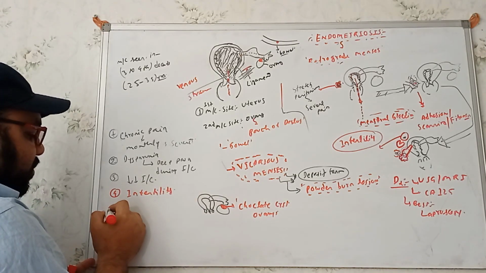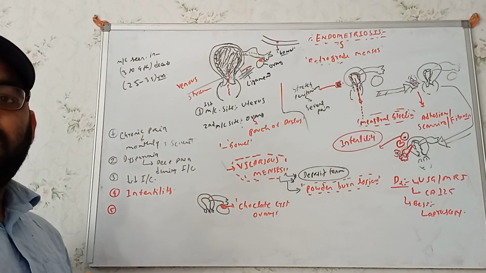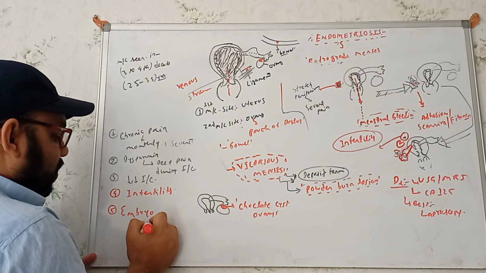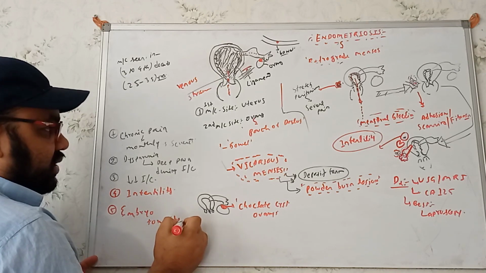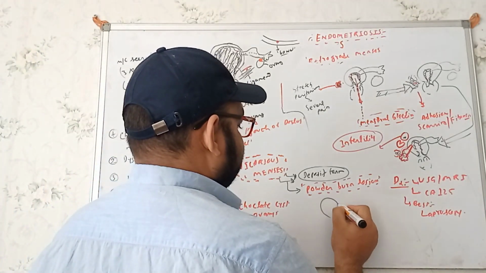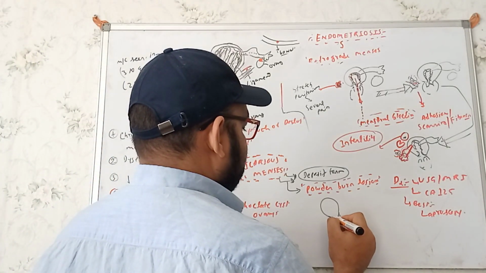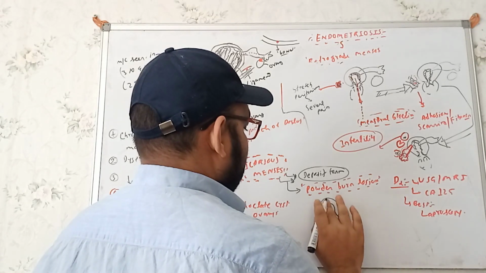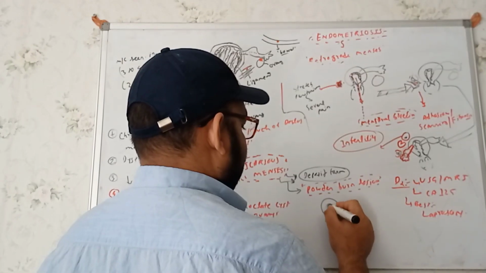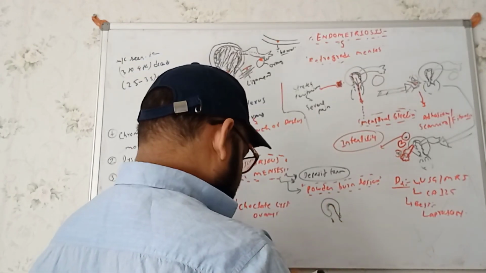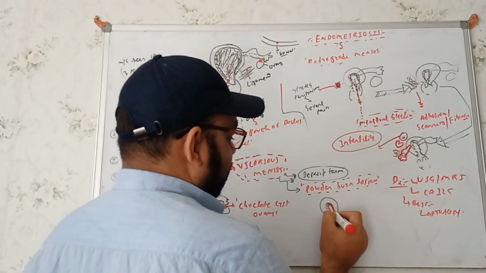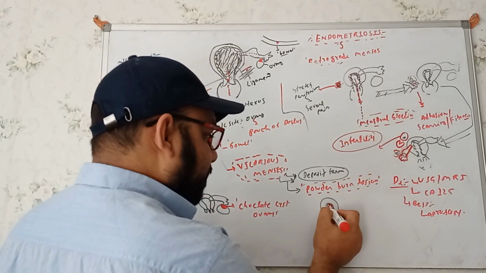Infertility. And the most important one we will see here is embryo toxicity. How do we get embryo toxicity? For example, try to understand. In the uterine cavity we have the endometrial glands, and for example, implantation occurs.